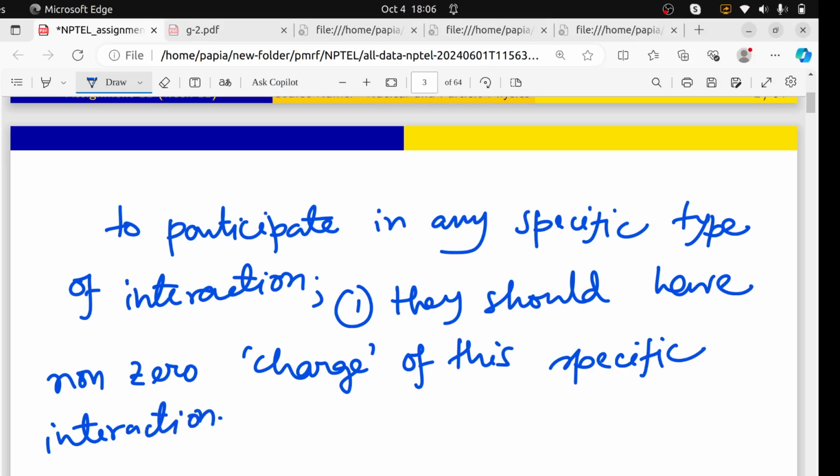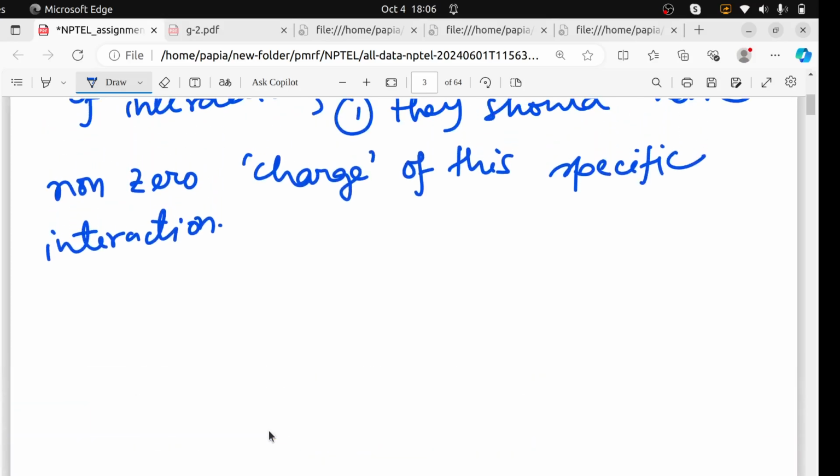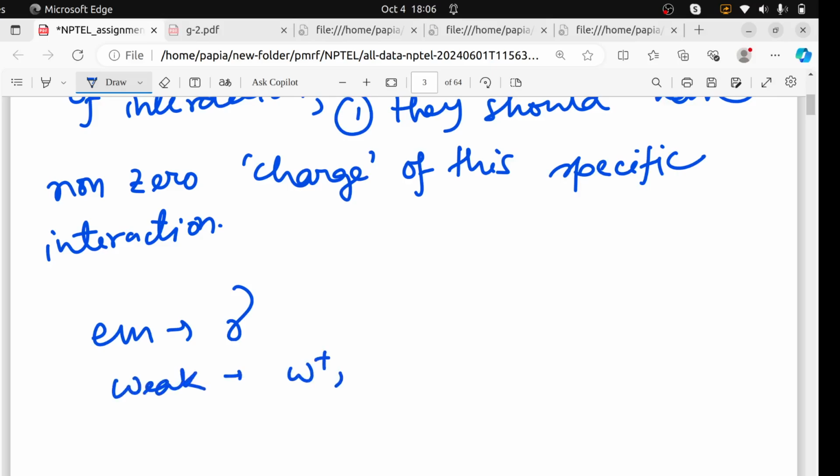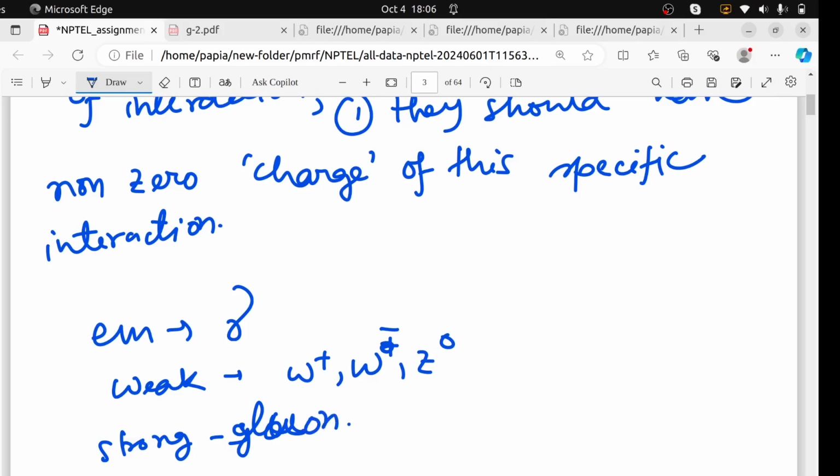First of all, for EM the mediator is gamma, for weak it is W plus, W minus and Z0, and for strong it is the gluon.